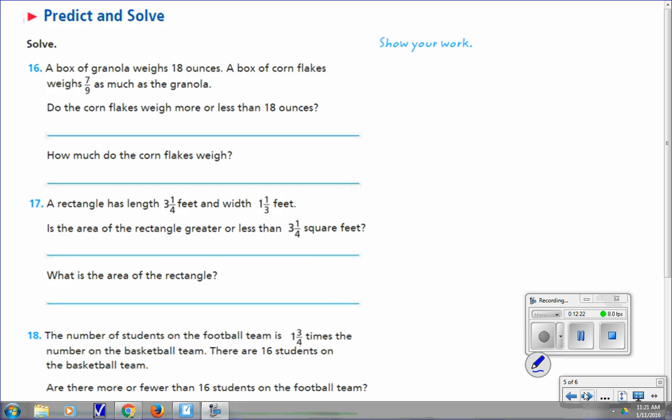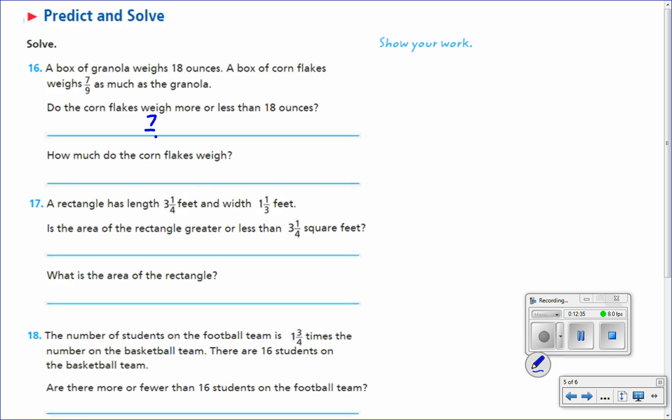So what is the problem that we're looking at? It is a multiplication problem, but set it up for me. What should it be? 7/9 of 18 equals what? Is it going to be greater than or less than 18?